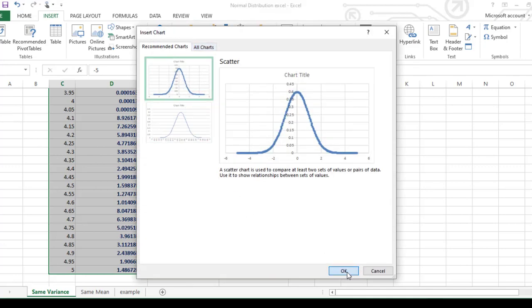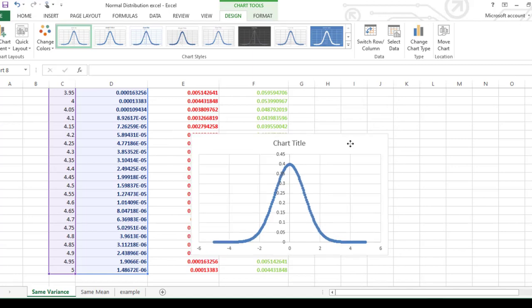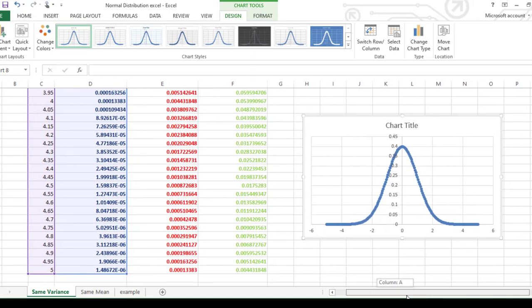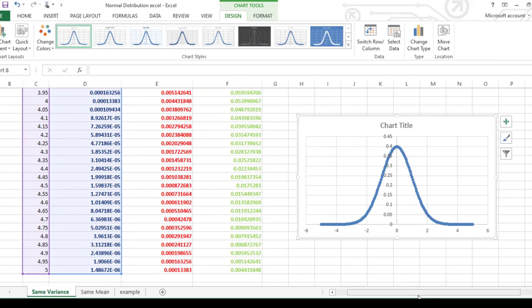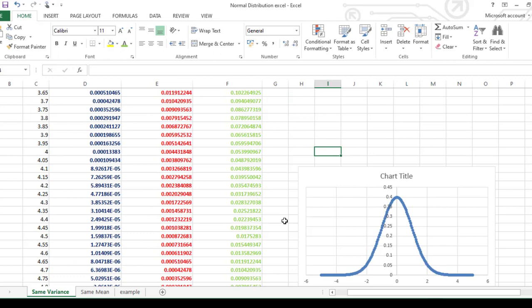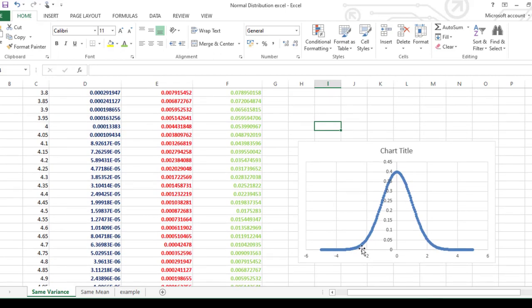Here I am directly inserting the chart from recommended charts. We can also do the scatter plot and then connect the lines. So here I have got the normal distribution curve for the first case.